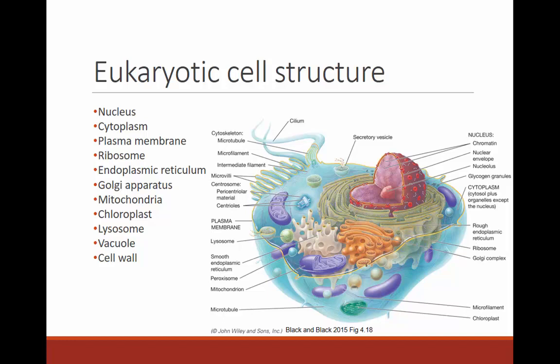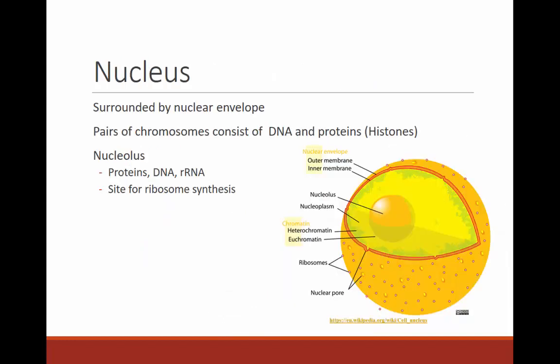That's a really good thing, especially when you're dealing with antimicrobial activity. So the nucleus looks like a sun there, doesn't it? So you have the nucleolus that we looked at before.